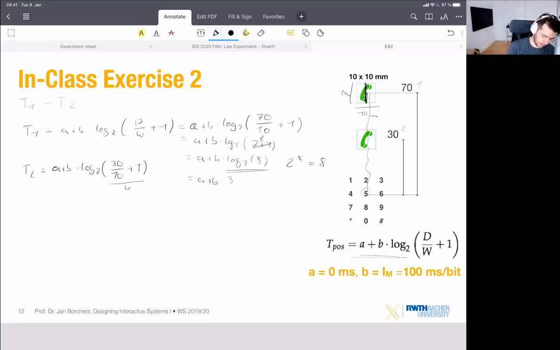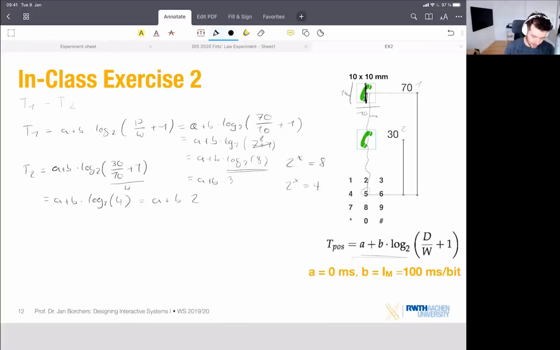So we have A plus B times the logarithm to the base of 2 of 4. And again, what I always do is I ask myself, 2 to the power of what is equal to 4? And that's 2. So we have A plus B times 2.